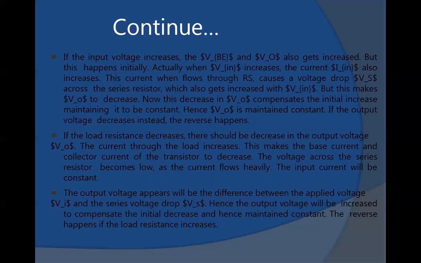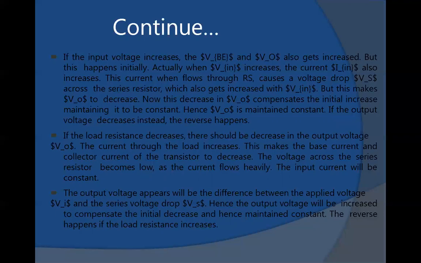If the input voltage decreases instead, the reverse happens. If the load resistance decreases, there should be a decrease in the output voltage. The current through the load increases. This makes the base current and collector current of the transistor decrease. The voltage across the series resistor becomes low as the current flows heavily.